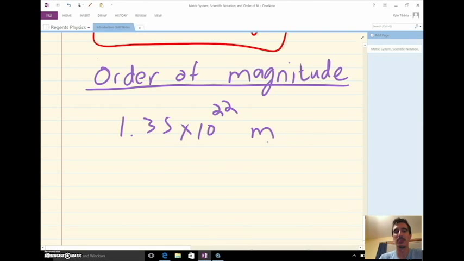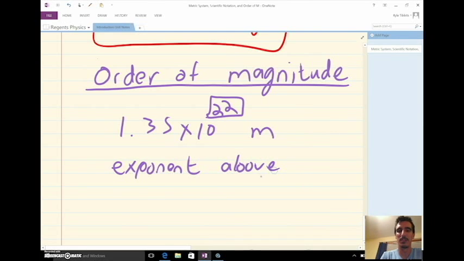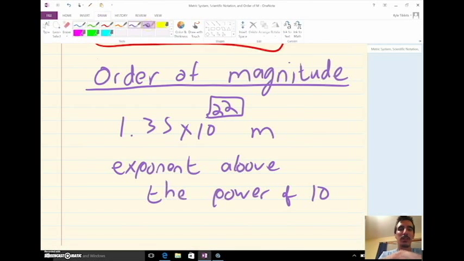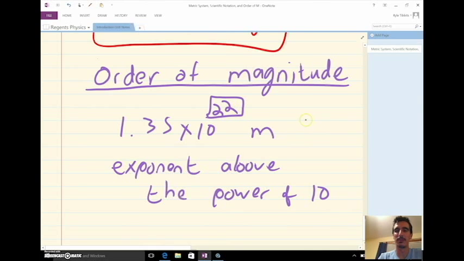The order of magnitude is just the power of 10. The exponent above the 10. Okay, so the order of magnitude of this number, 1.35 times 10 to the 22, is 22.